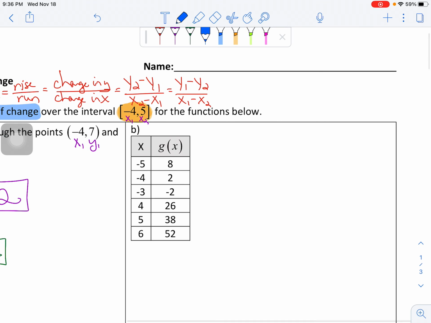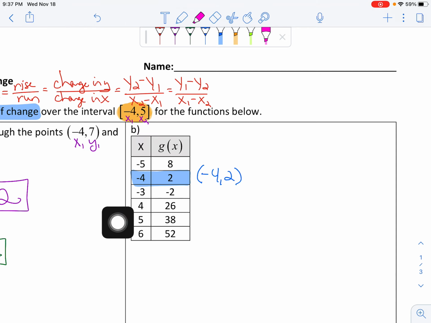Let's go on to part B here. And this one we have a table of values. So what I want to look for is this first x value of -4, which is right here. So this piece of information tells me my first ordered pair, and my first ordered pair would be -4, 2.